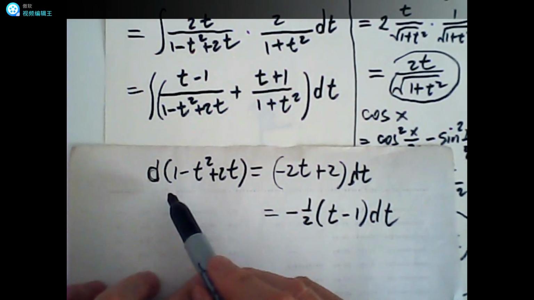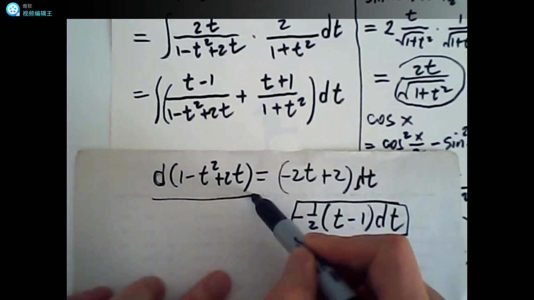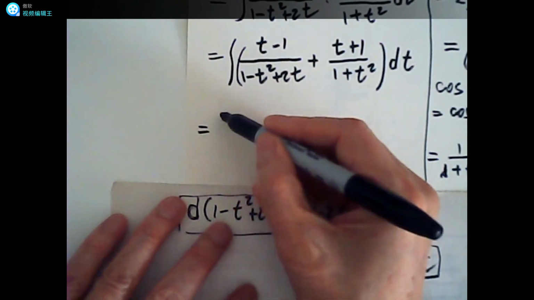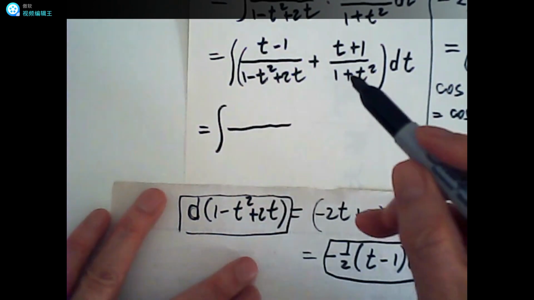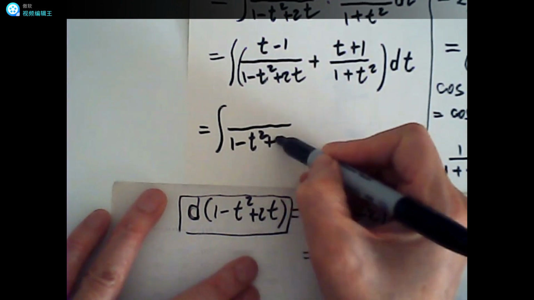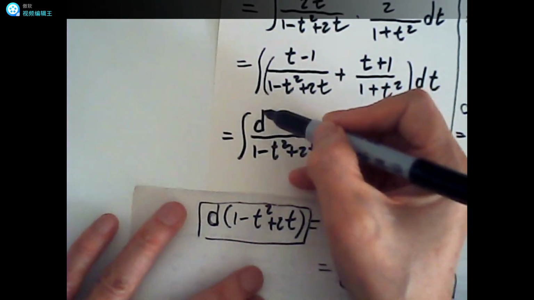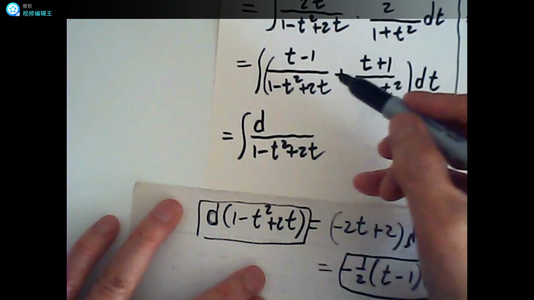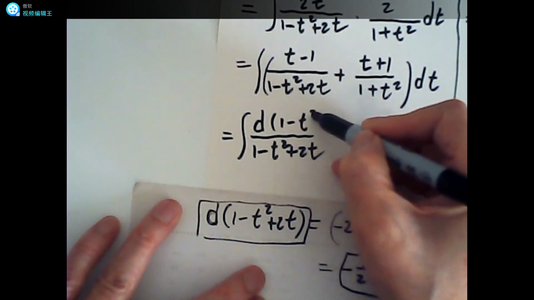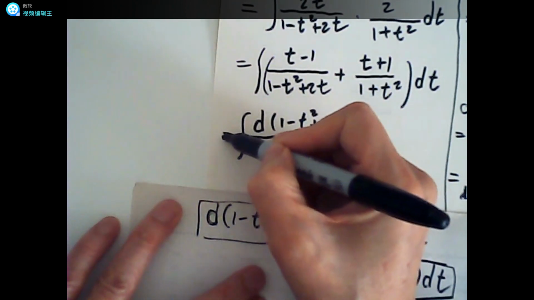So I can write this for this. So my integral becomes negative half d of 1 minus t squared plus 2t over 1 minus t squared plus 2t.